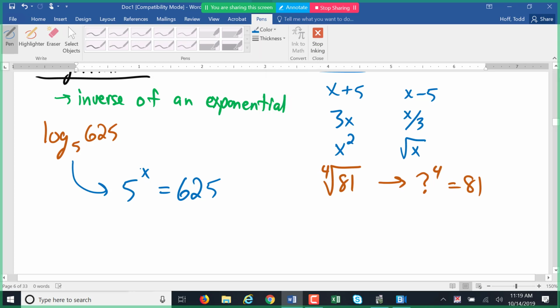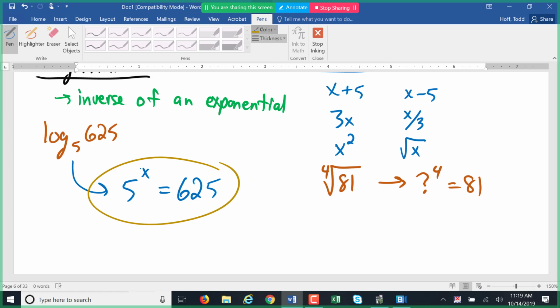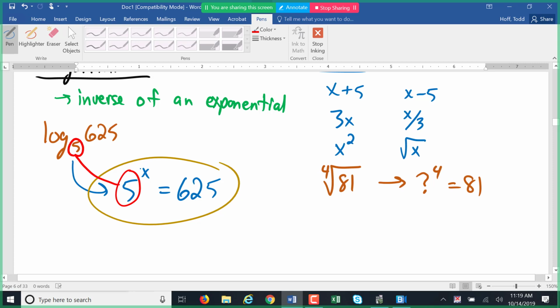Notice this is an exponential. The base of the exponential is the 5. It becomes the base of the logarithm. The result of the logarithm is the power from the exponential.